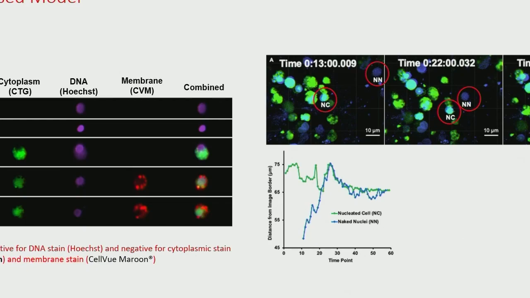On the right panel, you can see a timed video of interaction between these naked nuclei and cells that have nuclei and membrane. Over time, you can see them getting close to each other. On the lower part, we show over time how the distance between the naked nuclei and the cells decreases, and they become close to each other and interact.